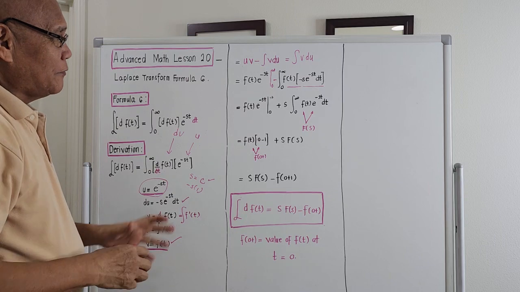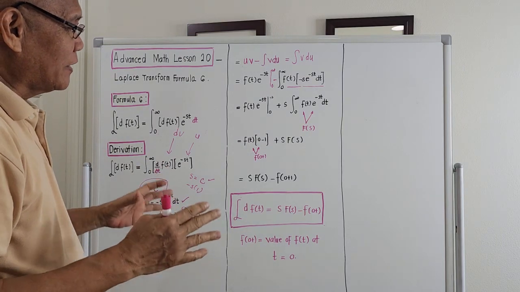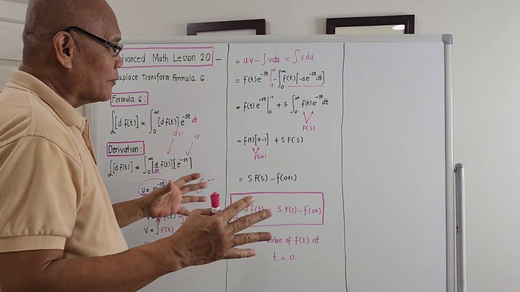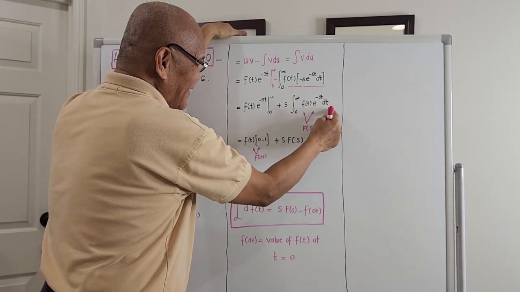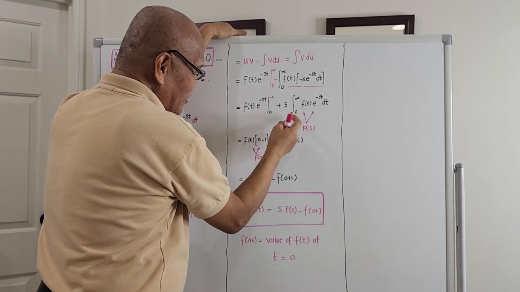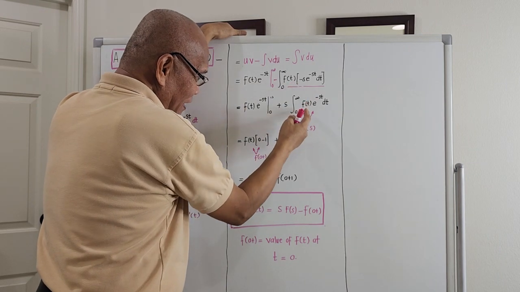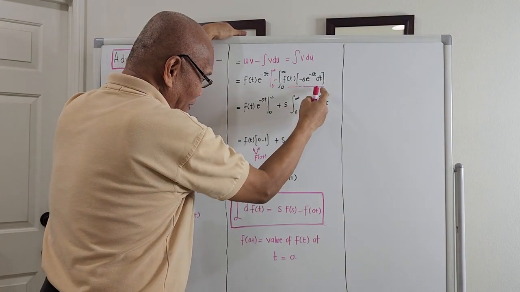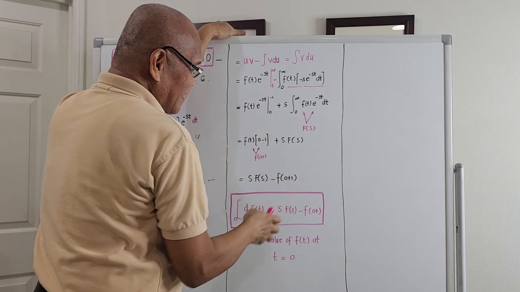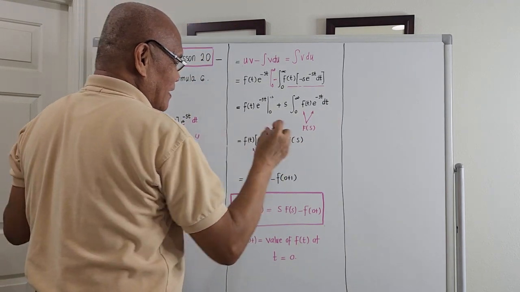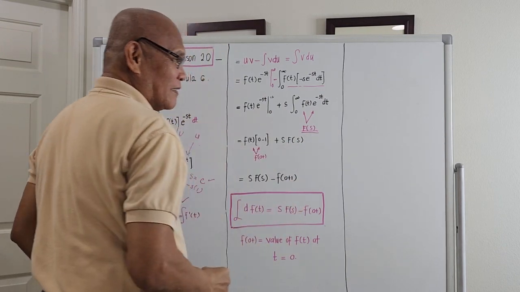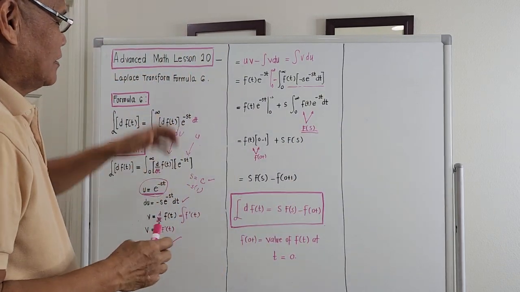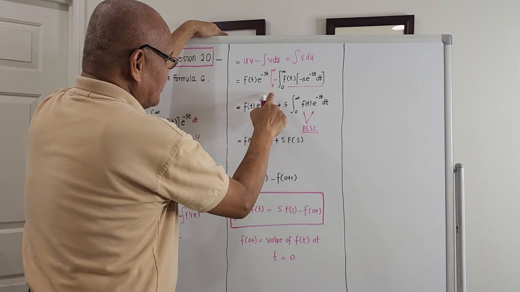Then, if we recall the formula on how to take the Laplace transform of any given function, it is actually this: the integral from 0 to infinity of any given function of t e raised to minus st times dt is just the capital letter F as a function of s.